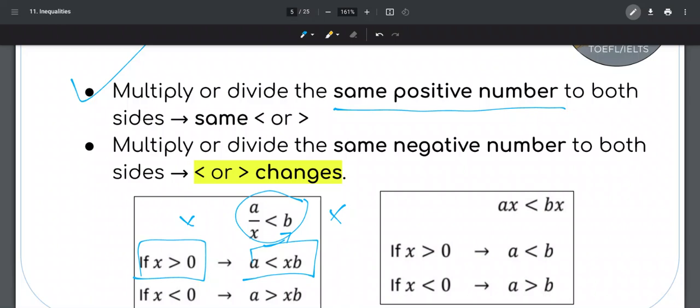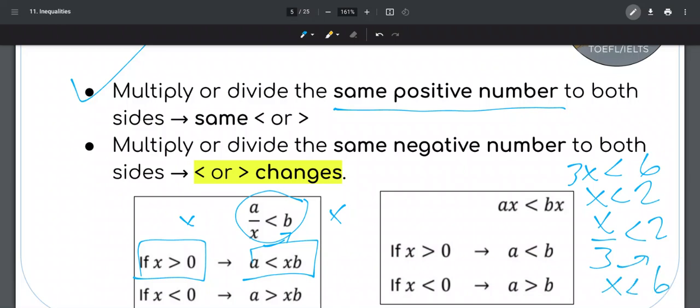For example, if I have 3x is less than 6, I can pass the 3 dividing, so x is less than 2. And in the case of multiplying, if I have x divided by 3 is less than 2, I can pass the 3 multiplying, and x is less than 6. If what I'm passing to the other side is positive, it doesn't really matter.